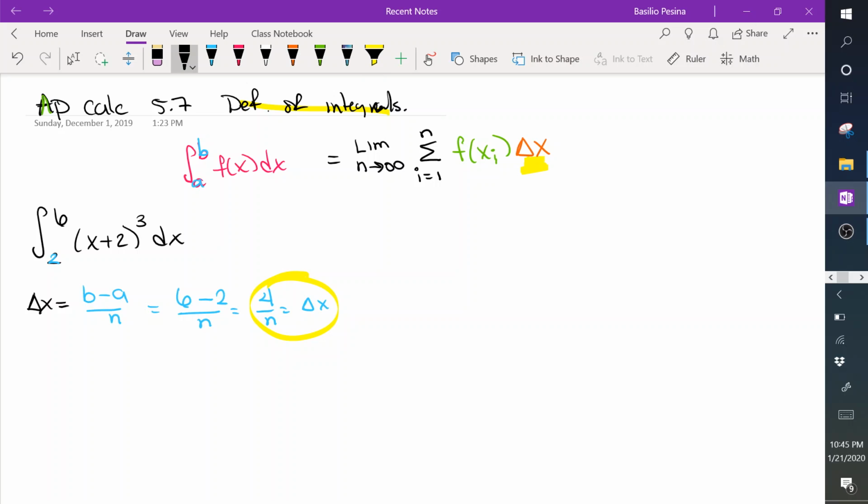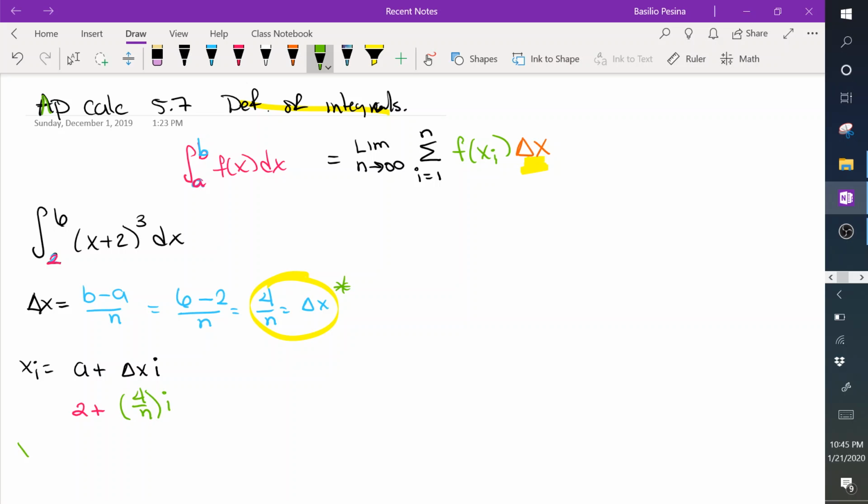My next part says that I'm going to find my x's. So my new x's are determined by a plus my change in x times i, where i is going to change all the way to n. That gives me my first value, which is a, in this case 2, so it's going to be 2 plus my change in x, which I already solved for, 4 over n times i.